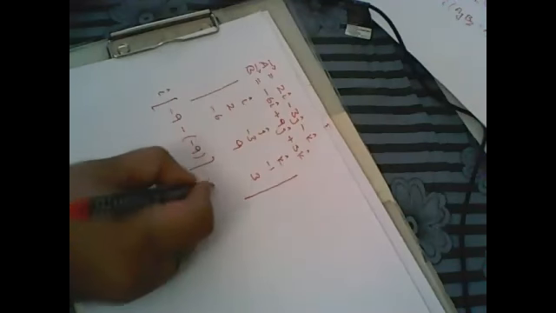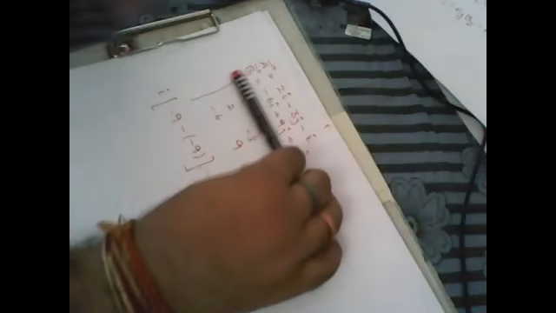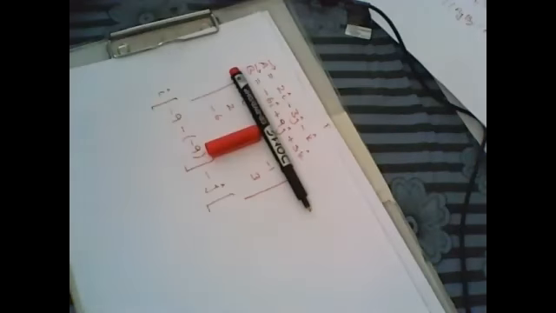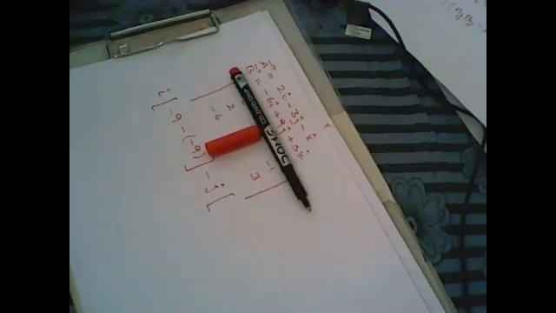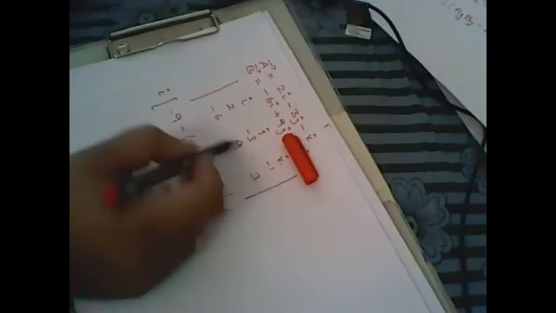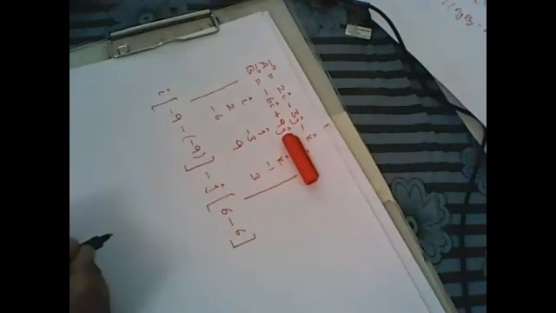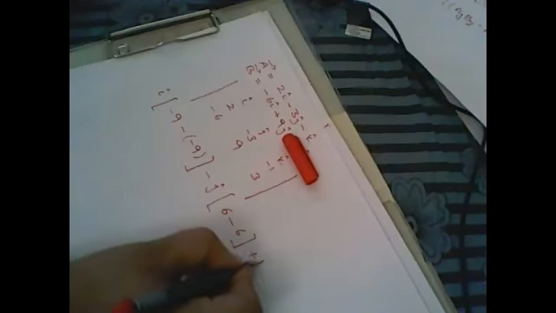For the minus j, we will hide these terms and multiply the rest. So we will have minus 1 into minus 6, that is 6, minus 2 into 3, 6. Next is plus k.